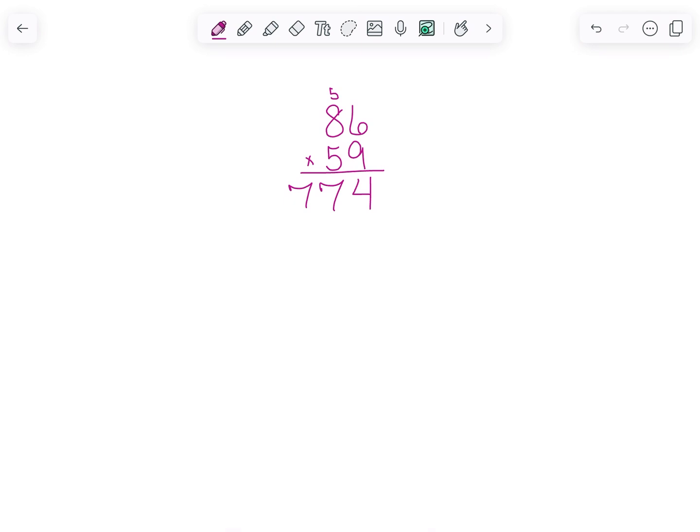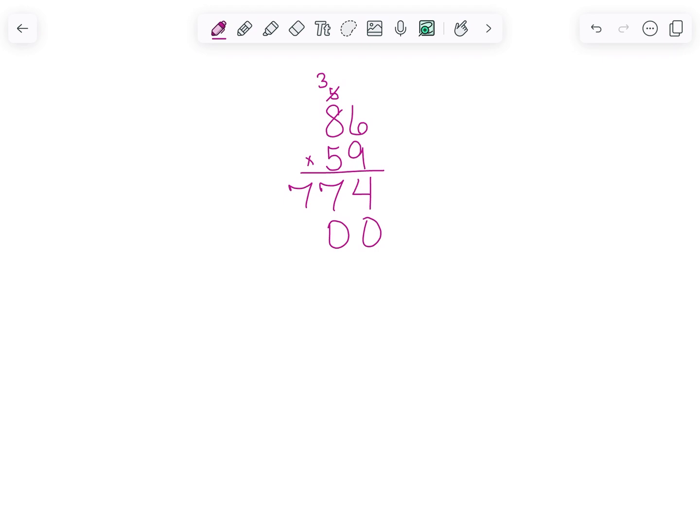Now we're going to move to our 50. 50 times 6 is 300. We write down both the tens and the ones place there and regroup the hundreds this time. We can also cross out the 5 that was regrouped earlier since we're done with that one and we don't want to confuse ourselves.